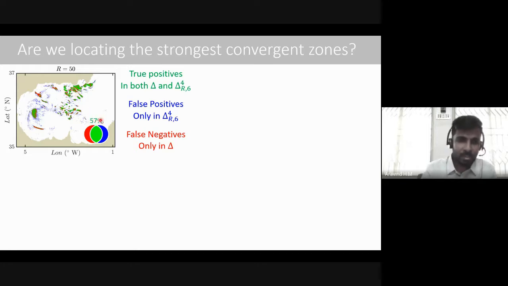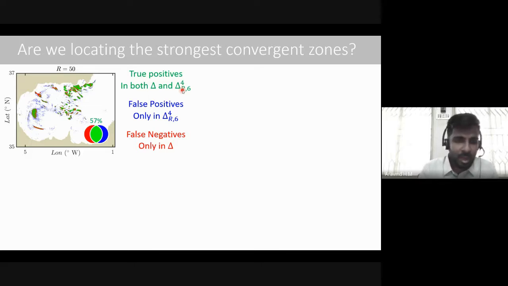So for r equals 50, I think the results look good. We see a 57% overlap, as in 57% green, which says that the strongest convergent zones, as identified by the drifter-based estimates, do well 50% of the time.